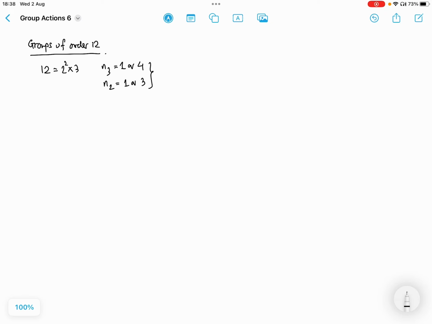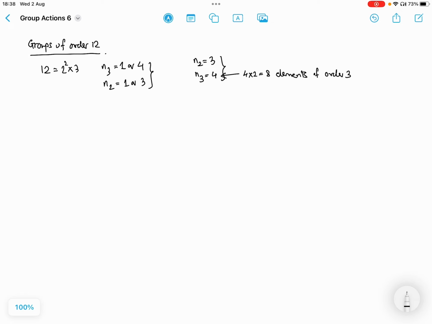And now let's see. So we have four choices of numbers of Sylow 2 and Sylow 3 subgroups, right? Namely all those four combinations. But if it happens that the number of Sylow 2 subgroups is 3 and the number of Sylow 3 subgroups is 4, then you see there is a problem, because from this you get 4 times 2, 8 elements of order 3.